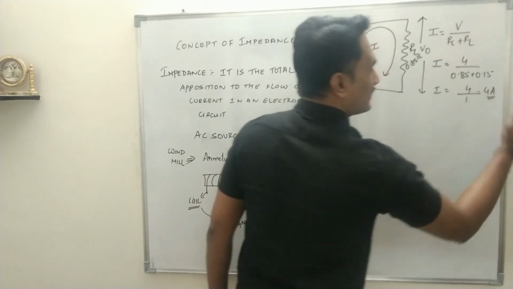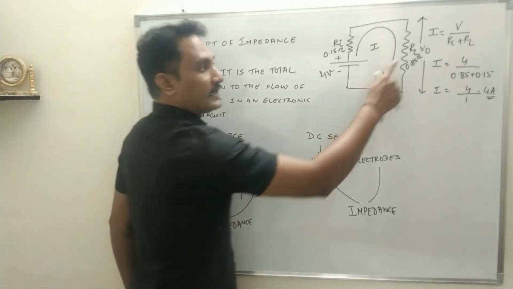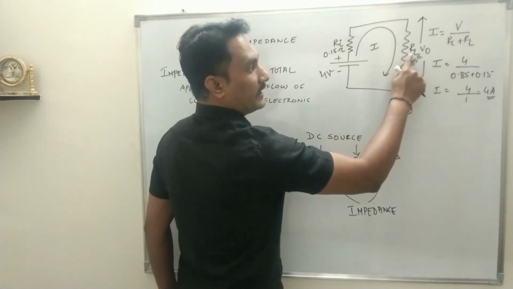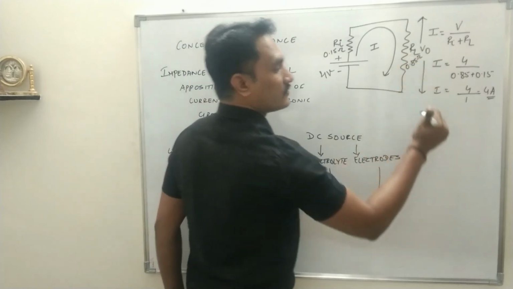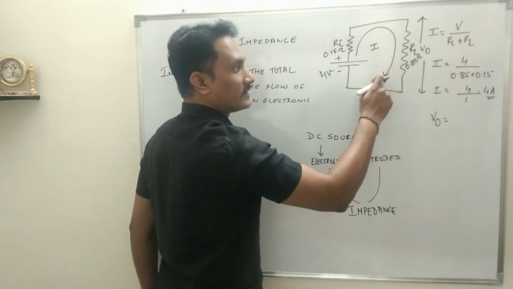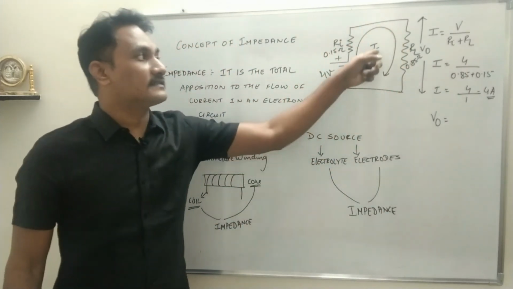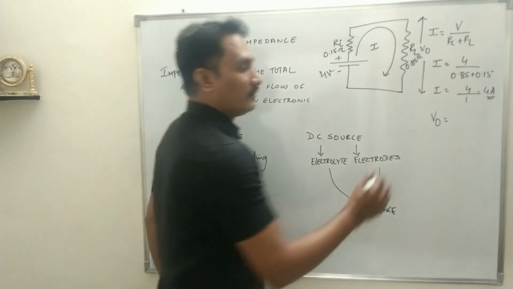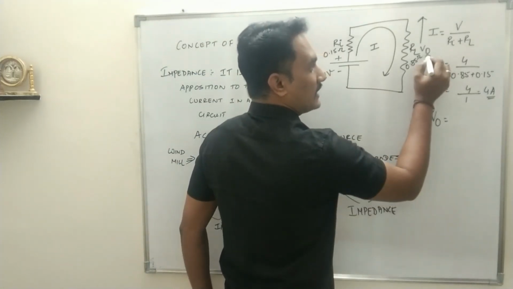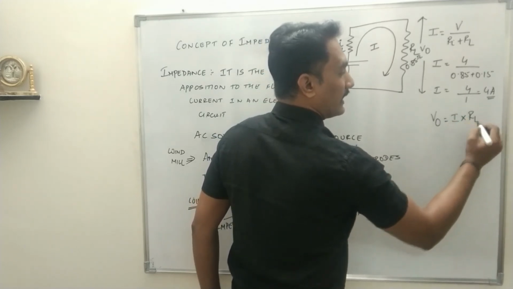So the current in the circuit is 4 amperes. Now you will take the output voltage. The output voltage will be taken across RL. So the output voltage will be the current flowing through the circuit multiplied by RL, and as the two resistors are connected in series, the current remains the same. So V0, the output voltage which we have taken across RL, will be I multiplied by RL.